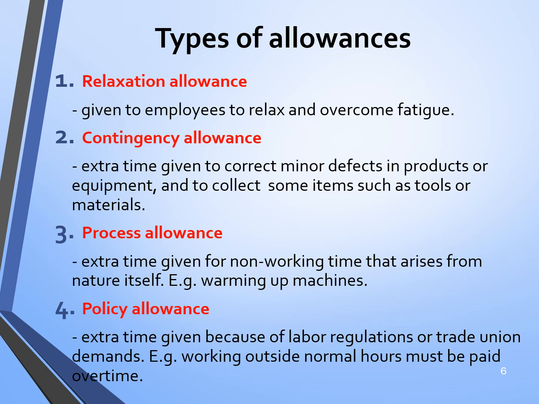Okay, for example, laundry business. They need to warm up their iron first before ironing the garments or the clothes. So that extra time, even though it involves only a few seconds or a few minutes, it is still extra time. So that extra time is called as process allowance. Transportation business, they need to warm up the engine first.